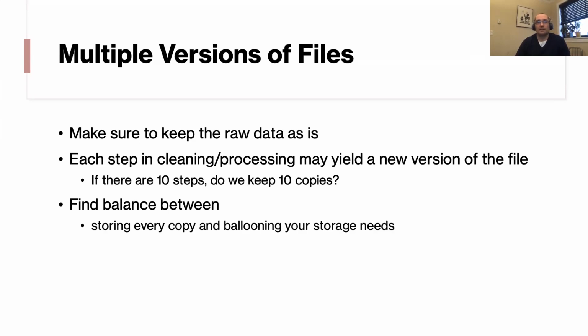Again, it's going to depend on your data and what your pipeline is like. But if you store each copy and you're having 10 copies of your data, then your storage needs are going to balloon. You may go from needing a couple gigabytes for this one data set to, if you're storing 10 copies of it, 20 or 30 gigabytes.